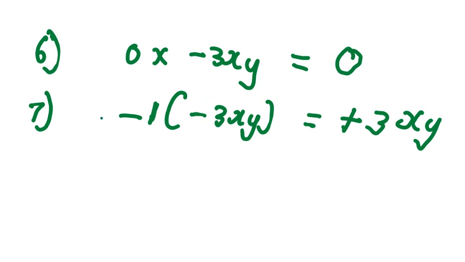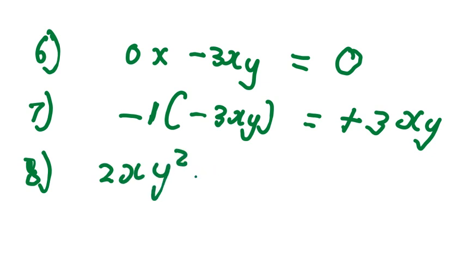Now let's do the last one. Let's say you have 2xy squared multiplied by xyz. Again, multiply the numbers.